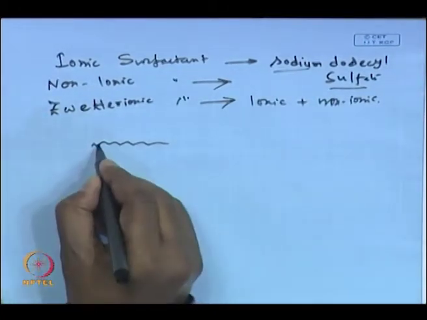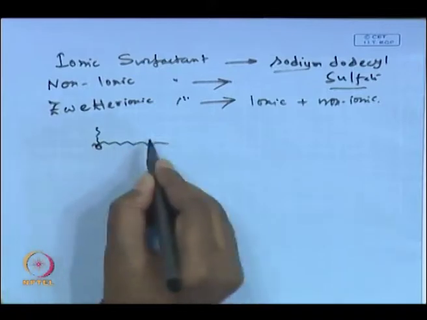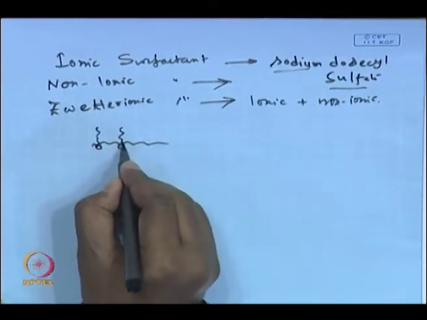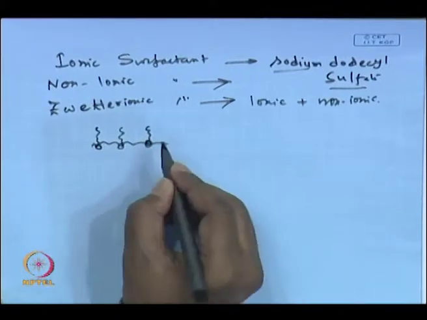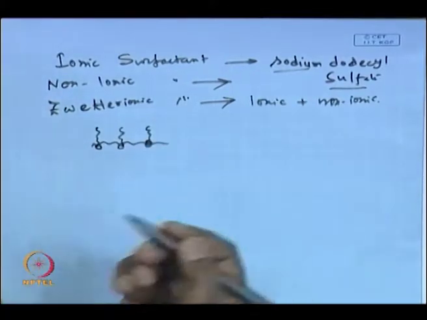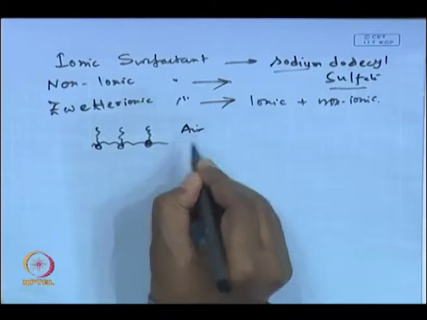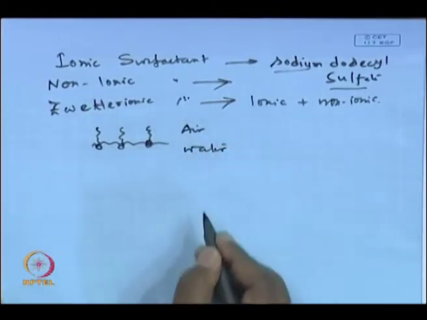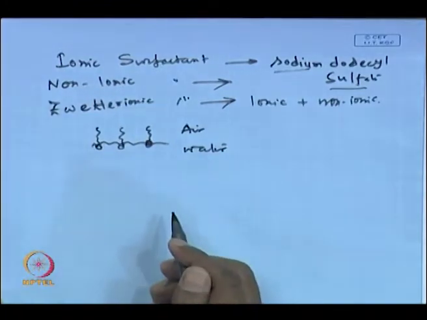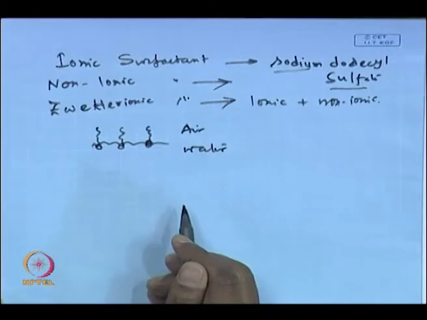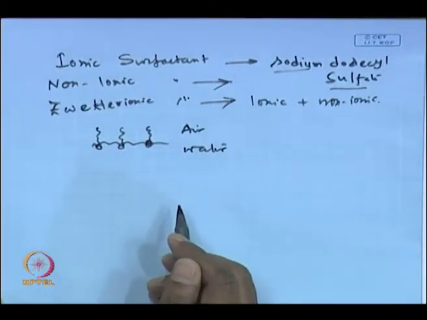So, they will be aligned at the surface, pointing the head towards the solution and the tail away from the solution, pointing to the air. So, therefore, surfactant monomers or surfactant molecules will align themselves across the air water interface, pointing their hydrophilic head towards the water and their hydrophobic tail towards the air.